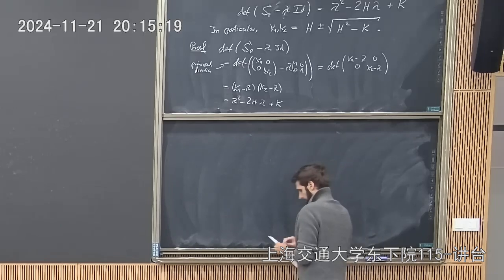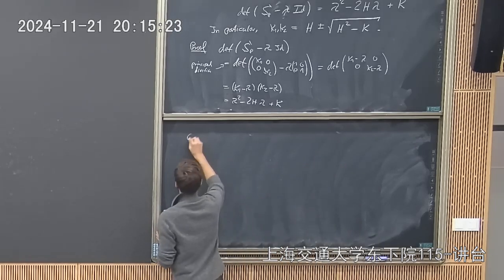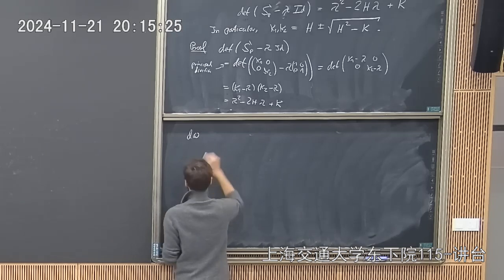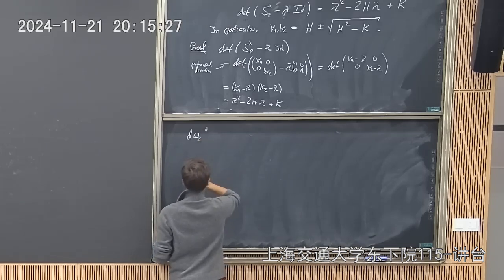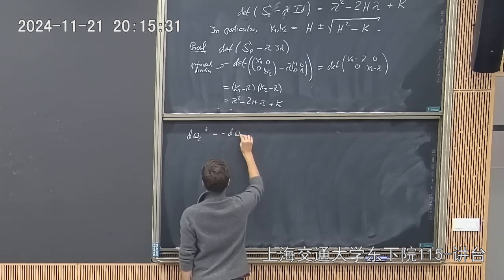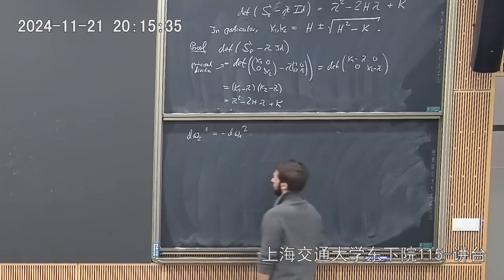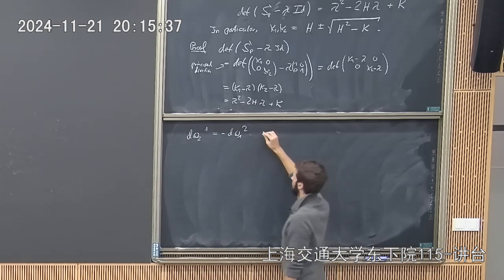So first of all, we have d omega 1 3 equals minus d omega 3 1, just to change the indices because it's a bit easier to work with.